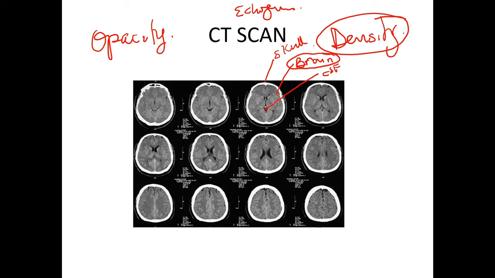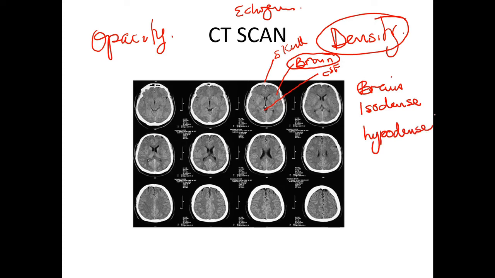lesions that have similar density, similar appearance with the brain tissue are isodense. Lesions that are darker than the brain tissue are hypodense.